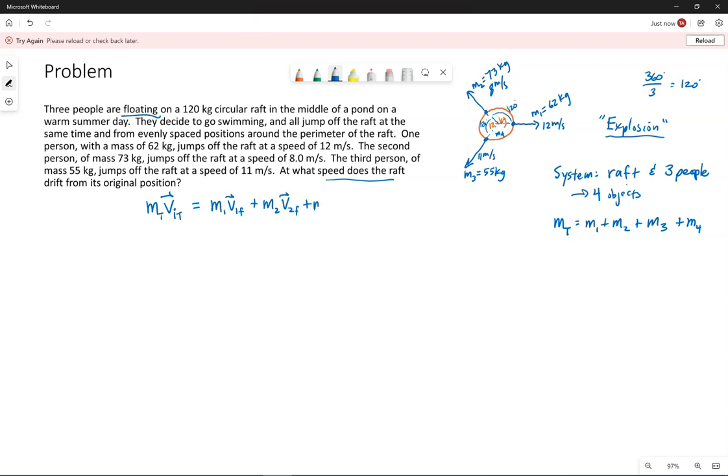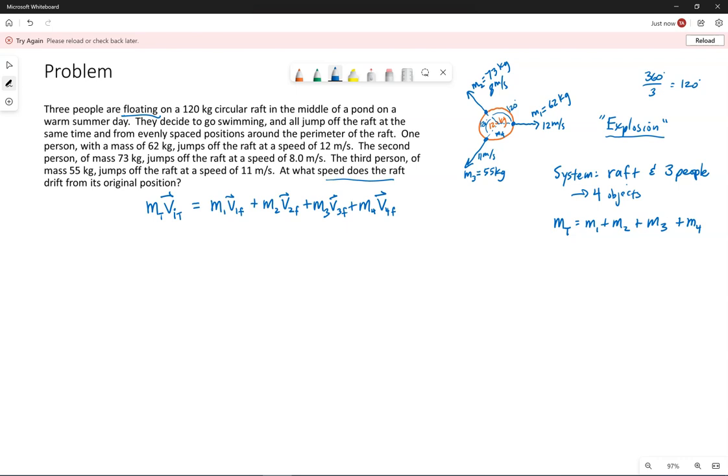The nice thing is I just keep adding the individual momentum, or momenta, together. It looks a lot bigger, but it ends up not being too bad. So let's walk through it.